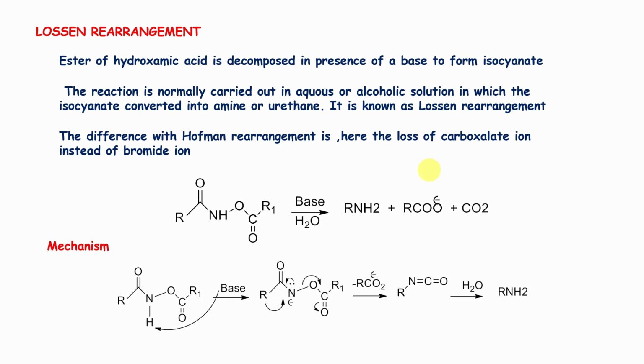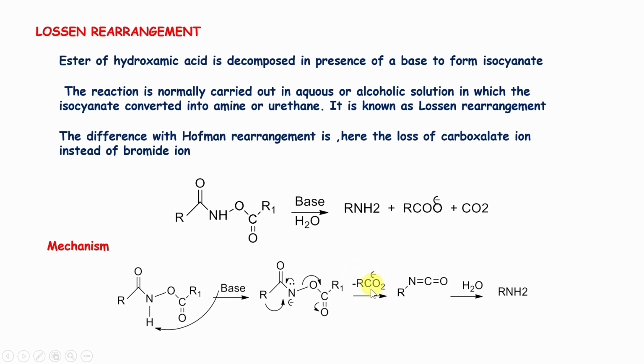Okay, then see the mechanism. It is the ester of hydroxamic acid, which on treating with a strong base loses a proton, thereby forming this anion. Then rearrangement takes place with the elimination of a carboxylate ion.